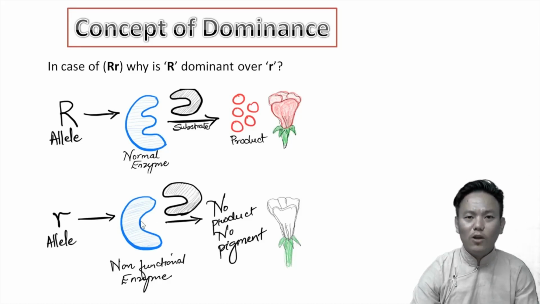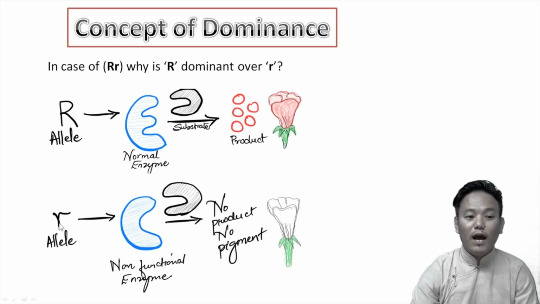If you have studied the lock and key mechanism of enzyme action in class 11, then it will become clear. Since the small r produces a non-functional enzyme, it cannot bind with the substrate, and therefore it won't be able to produce any product. That is, no red pigment will be produced, and therefore the flower color will be white.